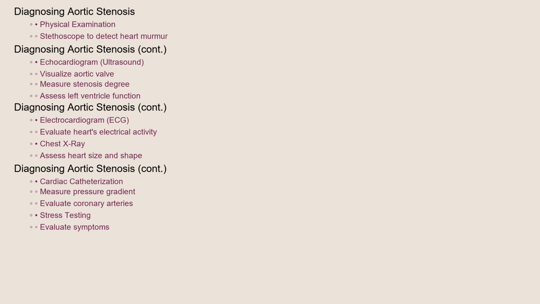Diagnosing aortic stenosis typically involves a combination of physical examination, patient history, and diagnostic testing. The first step is often a physical examination where a doctor listens to the heart with a stethoscope to detect a characteristic heart murmur associated with aortic stenosis. An echocardiogram, or ultrasound of the heart, is the most commonly used diagnostic test. It allows doctors to visualize the aortic valve, measure the degree of stenosis, and assess the function of the left ventricle.